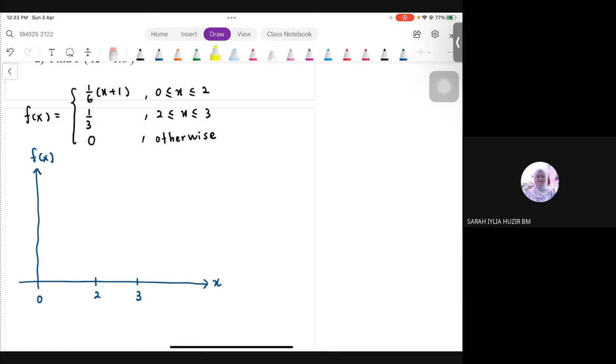For starter, so let's say first one, we have 0. So substitute 0 into the function there, we get 1 over 6. And it included because we have equal sign there. So for when it's 0, our fx is 1 over 6. So I just use that 1 over 6. Okay. Next, substitute 2 into the function. We get there 3 over 6.